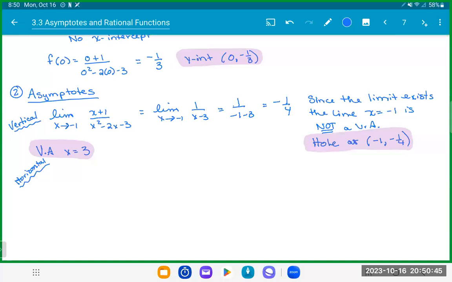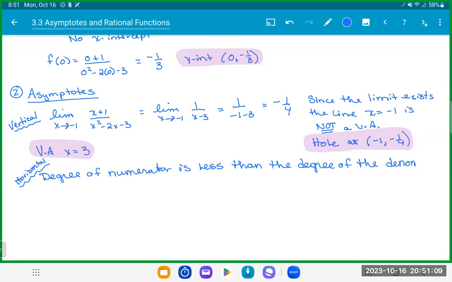So the degree of the numerator is less than the degree of the denominator. So that tells us y equals 0 is a horizontal asymptote.